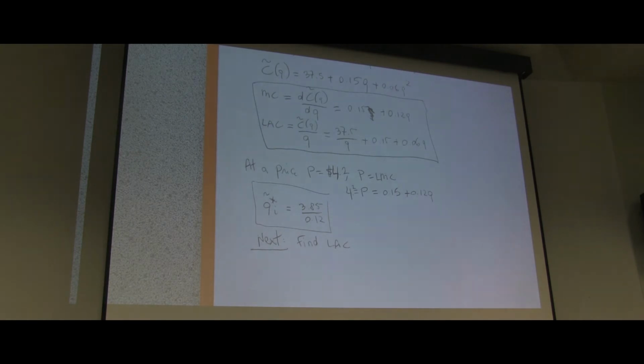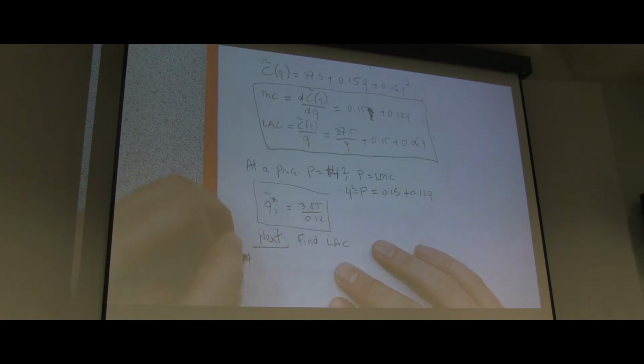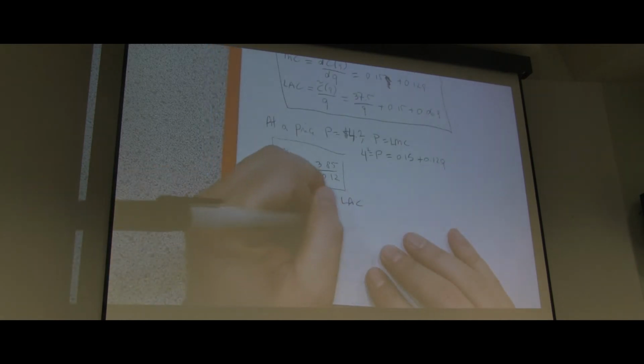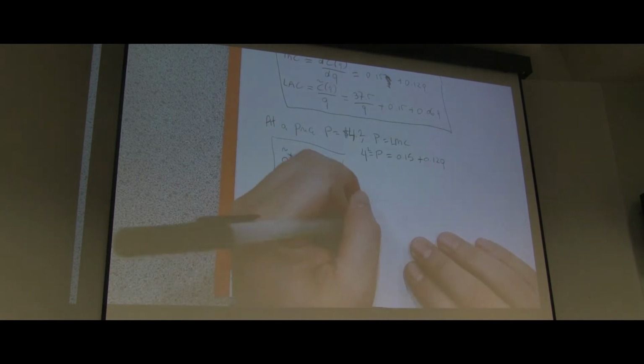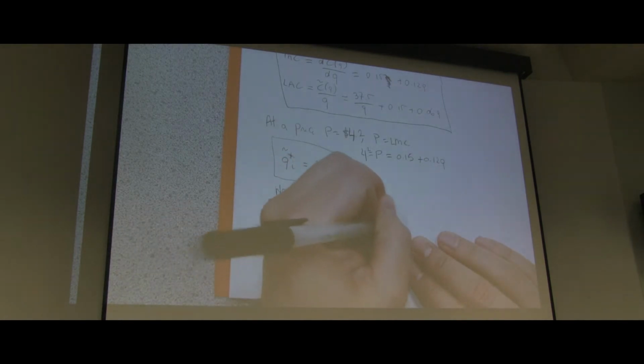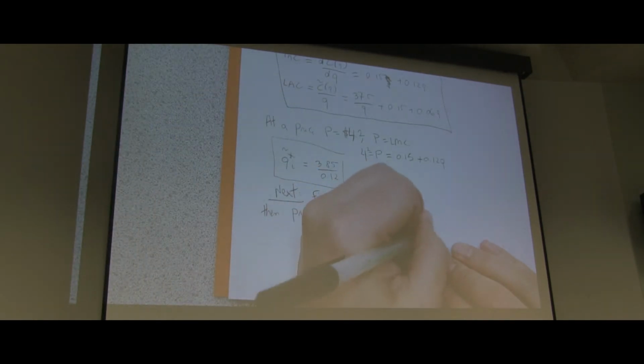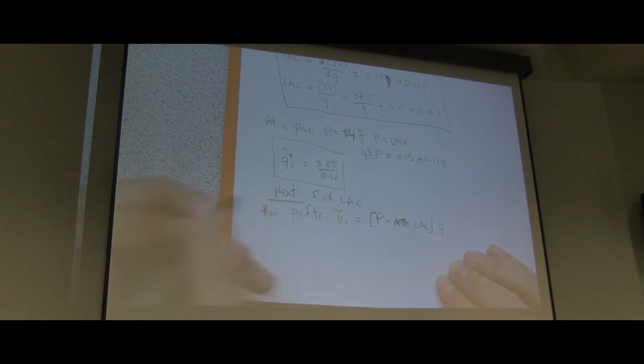What do you do with that? Your profits of the firm with that technology are going to be the price minus the average total cost, sorry, the LAC, times Q, Q tilde.